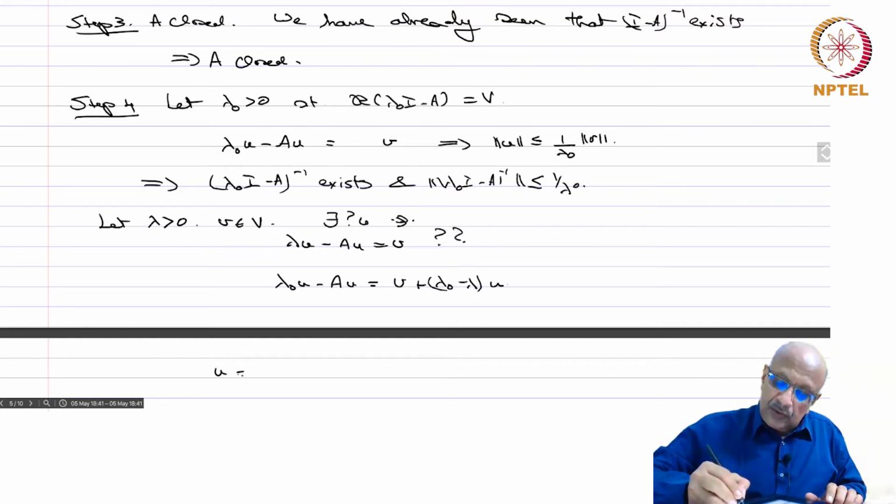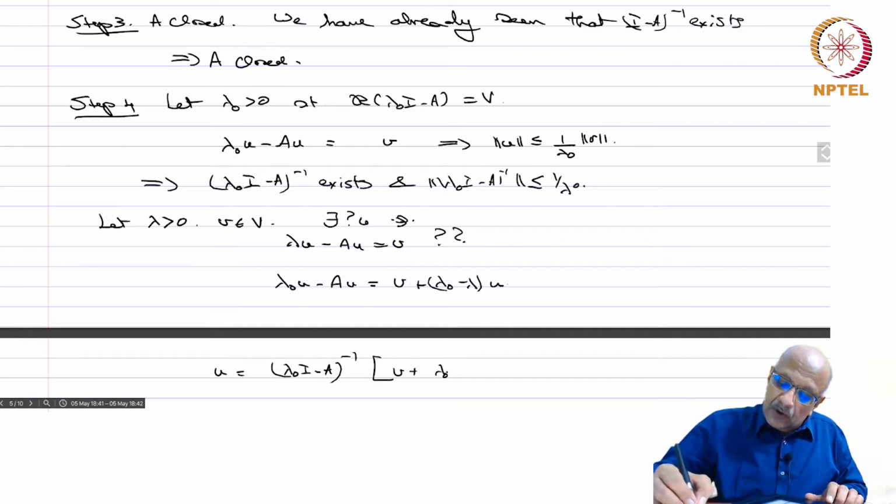Then u is equal to (lambda naught I minus A) inverse of (v plus (lambda naught minus lambda) u).